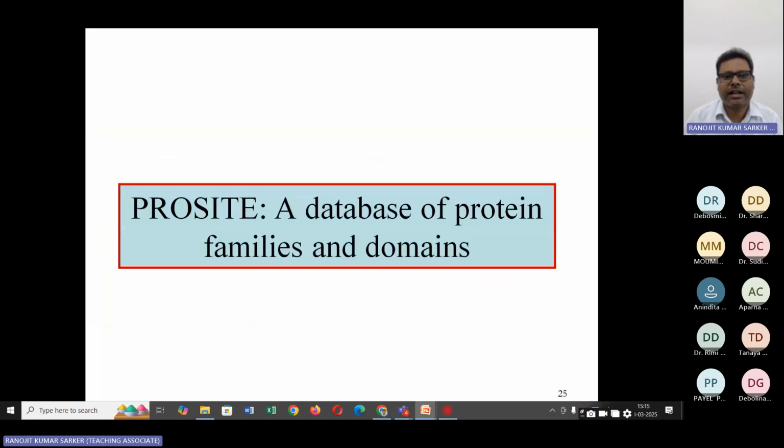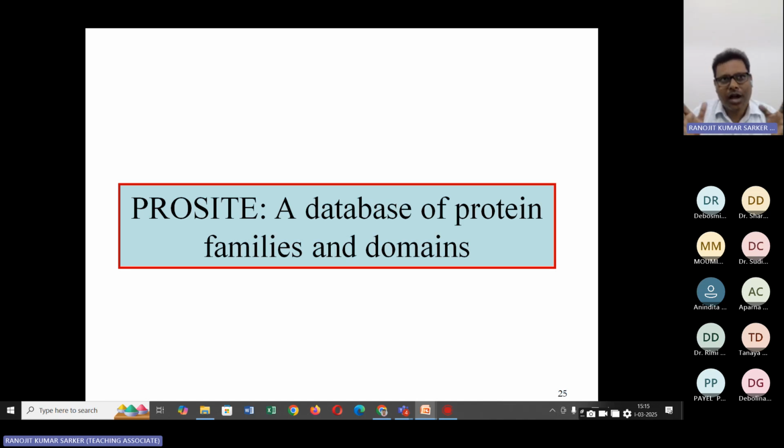PROSITE is a database of protein families and domains. It is another secondary resource. But you may ask, sir, why are there so many resources? When we go through PROSITE, you will see that the application of PROSITE is a bit different from that of SCOP.